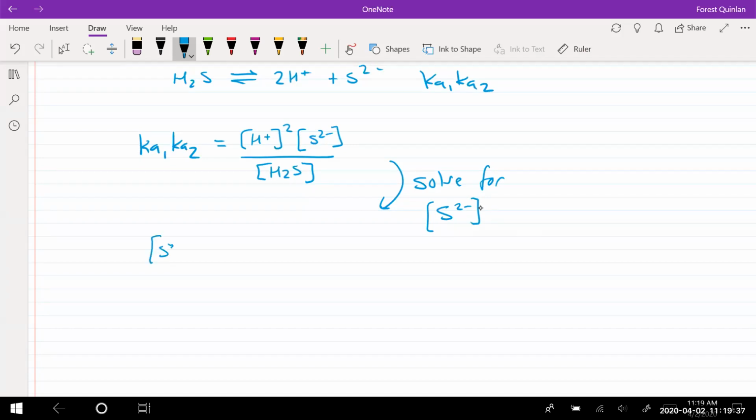We'll get S2 minus is equal to Ka1 Ka2 times the concentration of H2S all over the concentration of H plus squared.